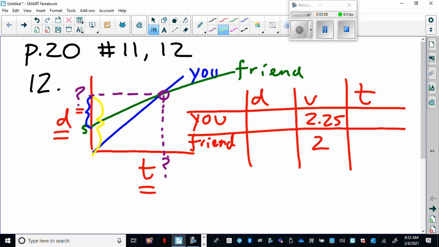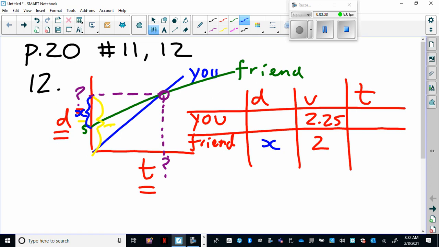So what we're going to do is, this blue bracket that I drew and the yellow bracket, we're going to give one of them a value of x. And then the other one, we're going to write an expression for it. So probably the easiest way to do this specific question is, let's say that this blue bracket here is x. And that is the displacement that your friend has traveled. So he gets a value of x.